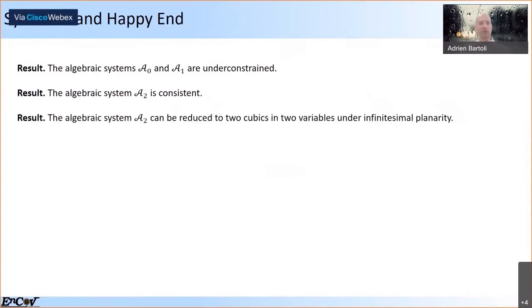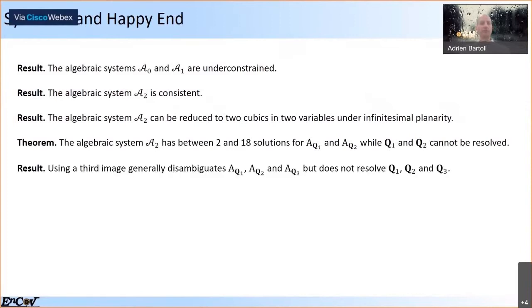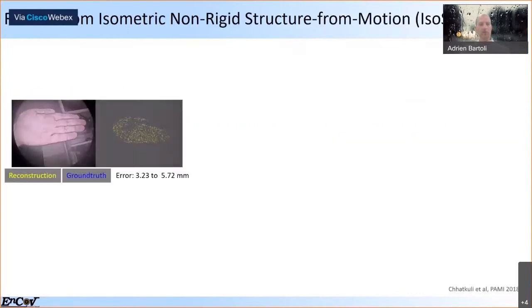And we have shown that the 2nd order system, A2, can be reduced with some manipulations to 2 cubics in 2 variables that we could solve quite easily and quite stably. So this is quite a strong result because it means that we can solve for 3D reconstruction very locally. So I'm going to skip the details and show you results of how it works.